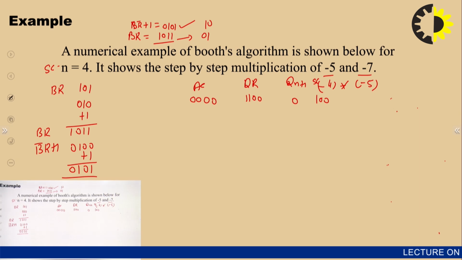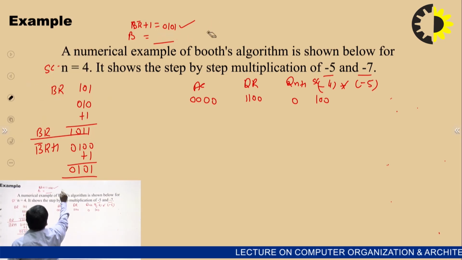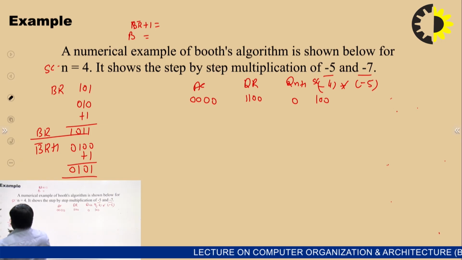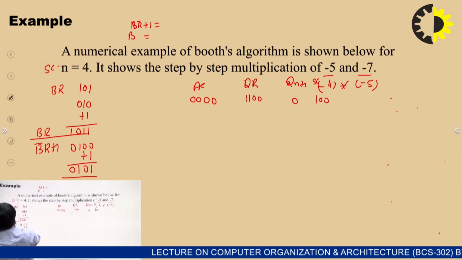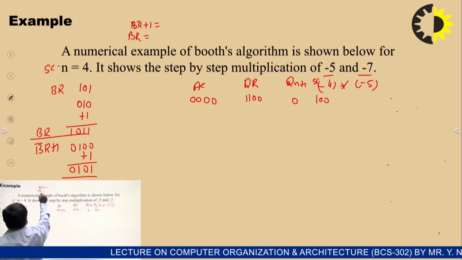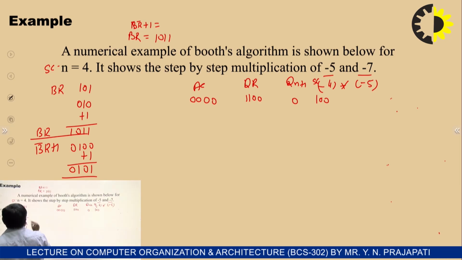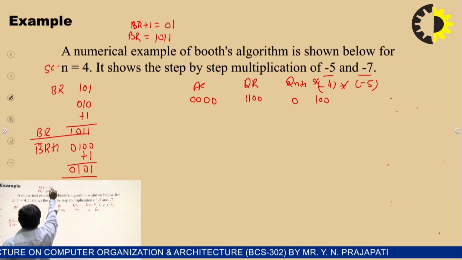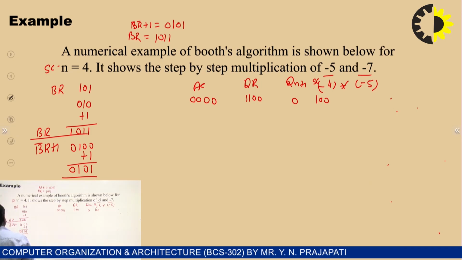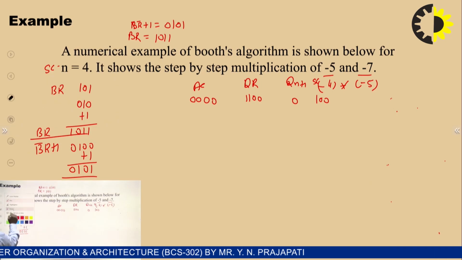Now we need the two values, this one and this one. So just we write here what is the BR? BR here is 1, 0, 1, 1 and what is the BR plus 1? 0, 1, 0, 1 and we perform the operation.